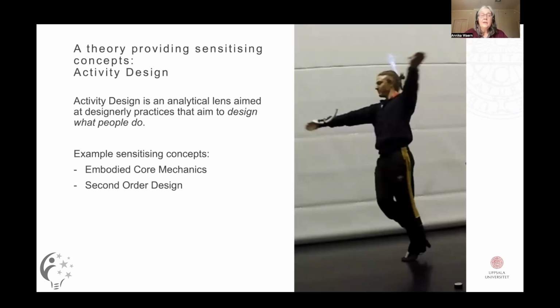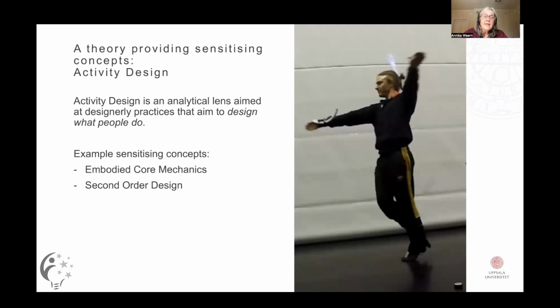So, for example, if you're designing a support system for people who are running, or if you're designing an activity that will encourage people to run, then the core mechanics you're designing for is running. And by identifying the embodied core mechanics, you can investigate different ways of changing, inspiring, encouraging, limiting this particular way of moving.